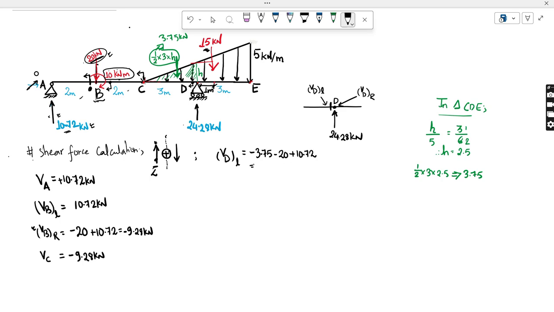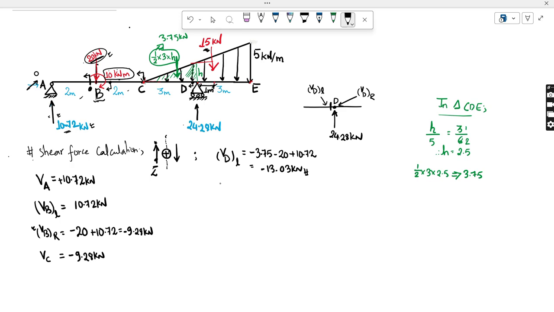It comes out as negative 13.03 kilonewton. So towards the left of point D, minus 13.03 kilonewton is coming. There is no issue right now.